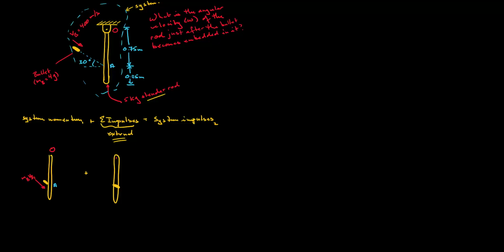We're going to have reaction forces on the slender rod, which are applied for a certain period of time. That period of time is the time elapsed between the system momentum at time 1 and the system momentum at time 2. I should replace this with momentum, not impulses. That was a small mistake here. Momentum.